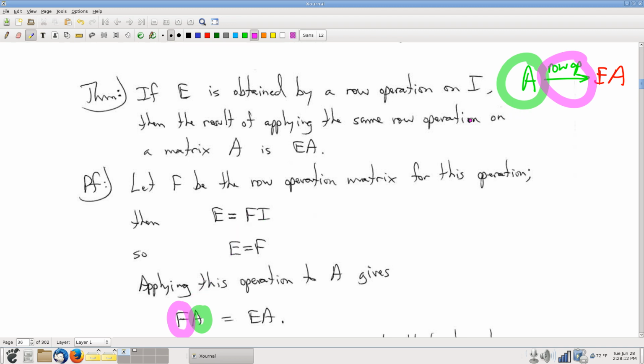So you take the matrix A, apply the same row operation, and sure enough, the result is EA as required, and that proves our result.